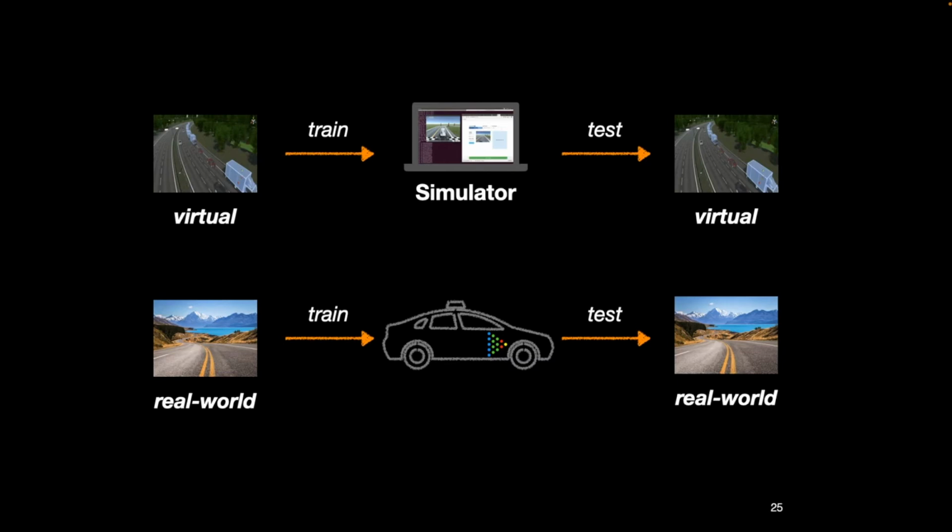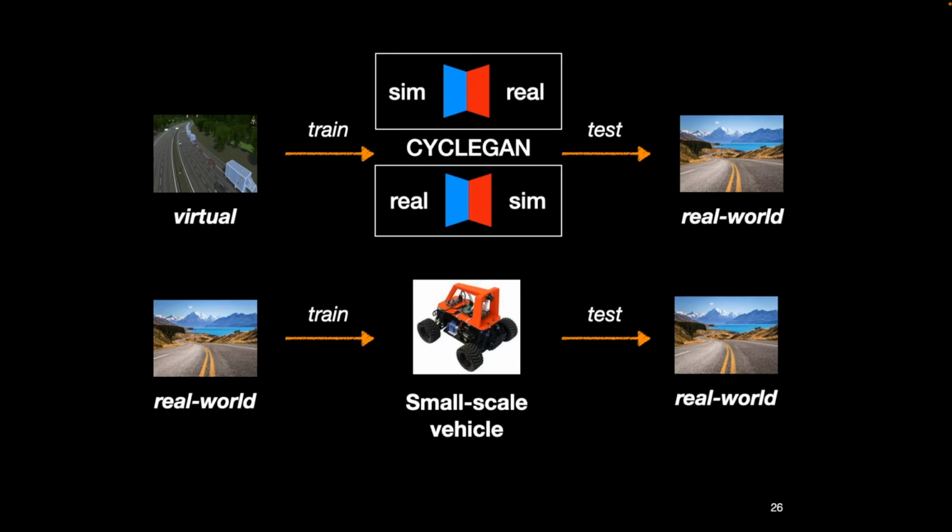So in our group, we are trying to tackle these two problems with two specific techniques. We are trying to understand whether we can lower the gap between sim and real world thanks to neural-based techniques that are able to map images across domains.